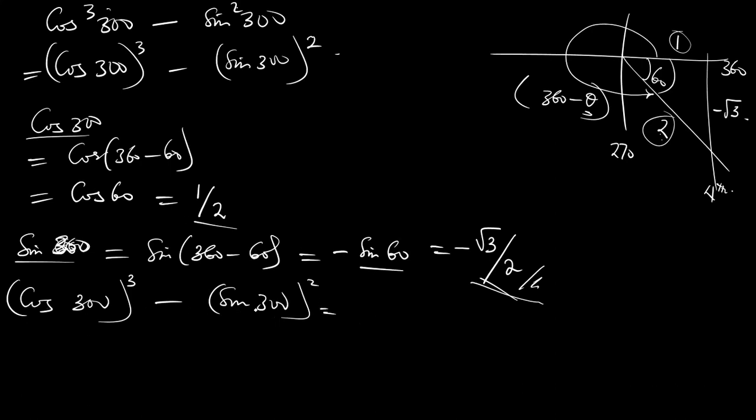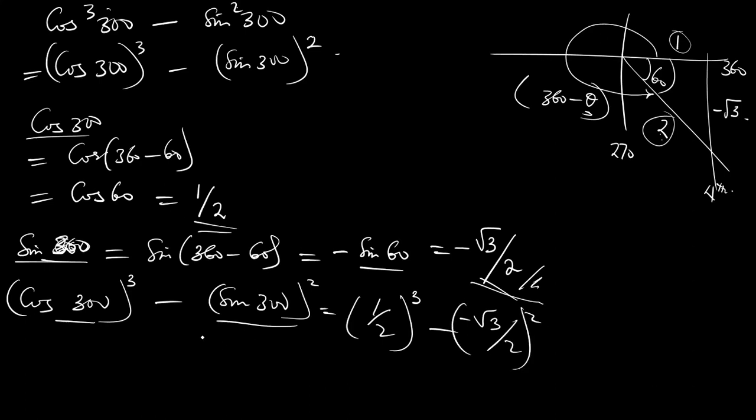So now you have half cubed minus minus root 3 all over 2 all squared. So this one will give you 1 all over 8 minus this will give us 3 all over 4.